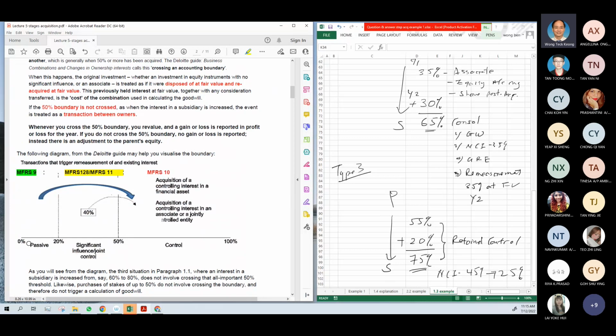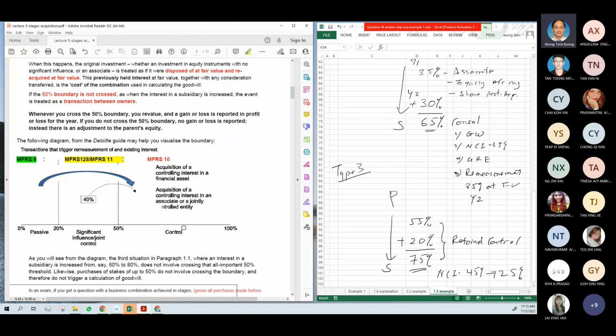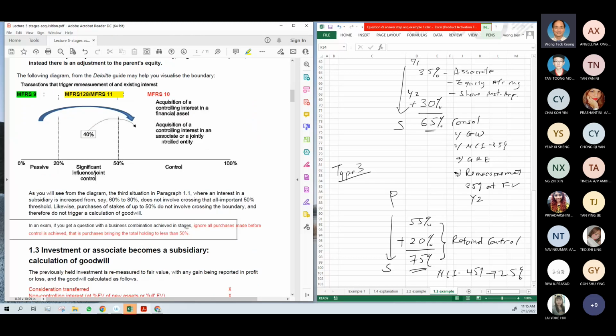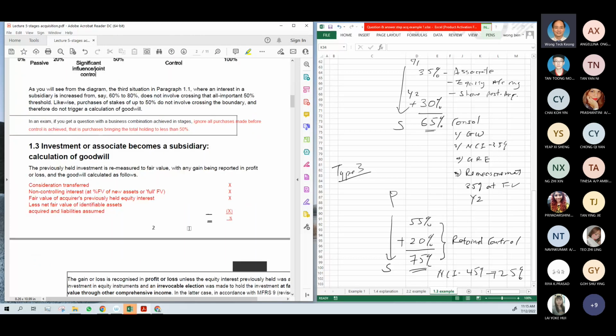So we have 3 levels: trade investment below 20%, significant influence or joint venture between 20 and 50%, and more than 50% you have control, so it becomes your subsidiary. For all these 3 stages, the accounting treatment is different.